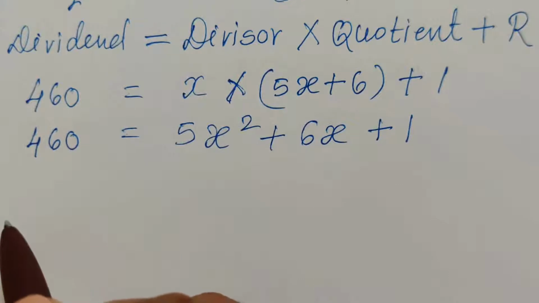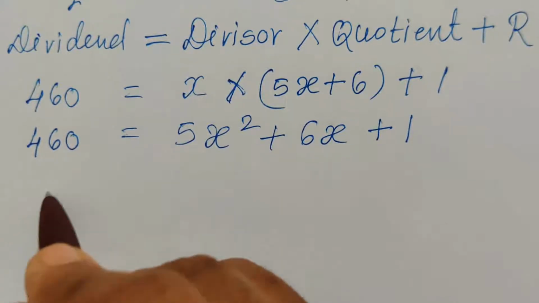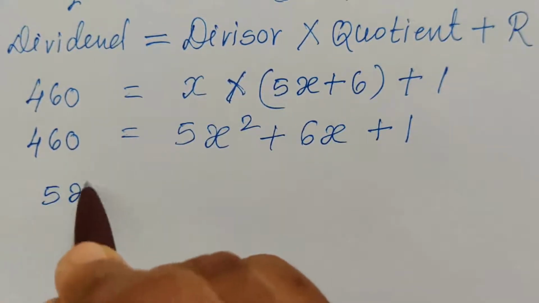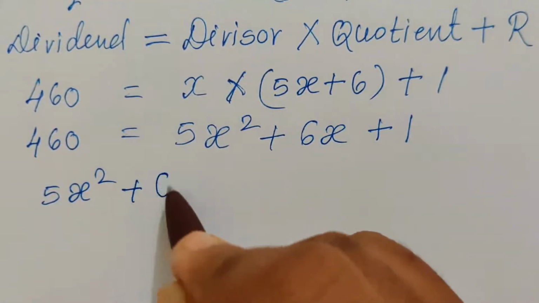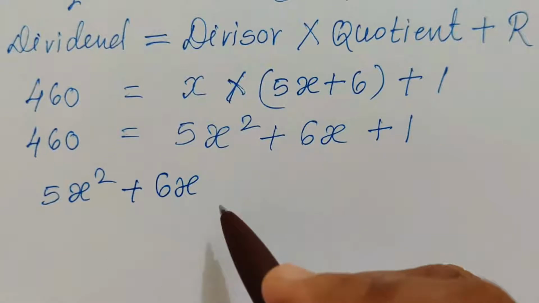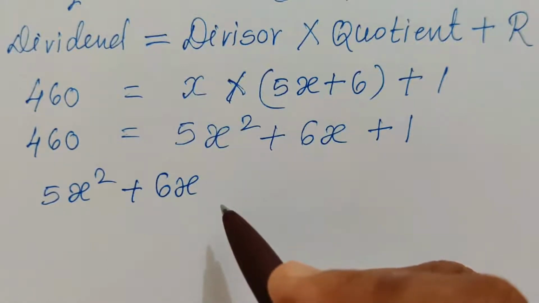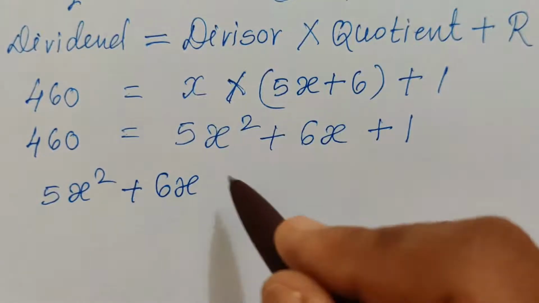So we will get 5x square plus 6x plus 1 equal to 460.